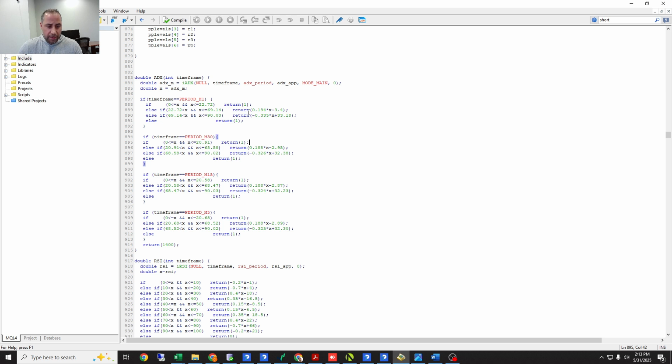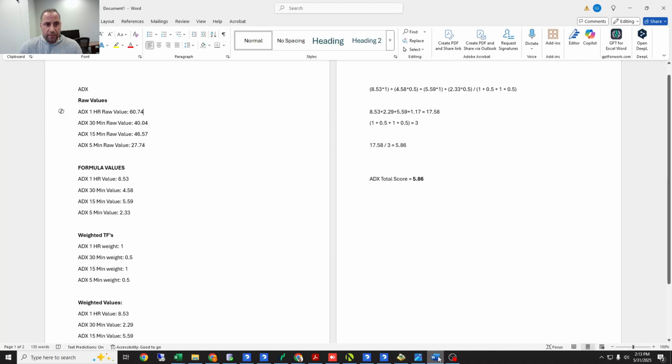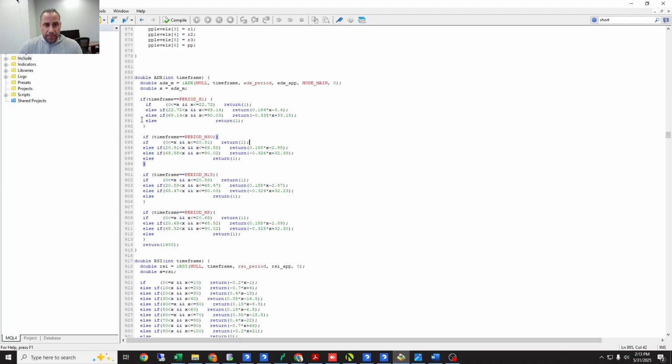So we will take that raw value, 60.74, and because it's our X value, we multiply it by 0.194, and we get a value of 11.78.